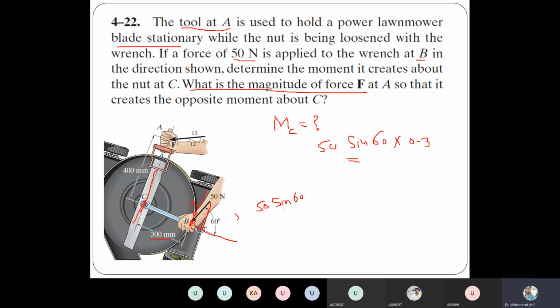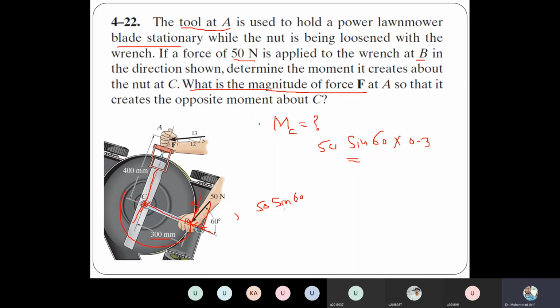We have to see the point of application of this force, which is at point B. At point B, we have a vertical component and a horizontal component. The vertical component will create a torque, so for the vertical component the moment arm is 300 millimeter. So this was the moment about point C.